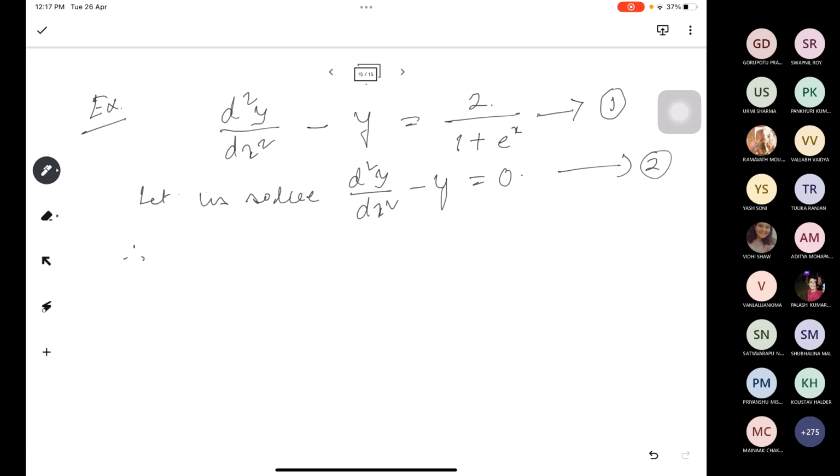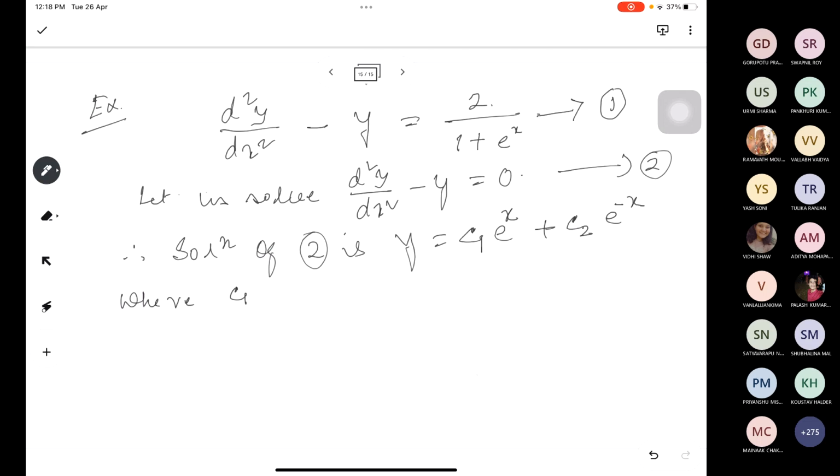So therefore, the solution of equation 2 is C1 e to the power of x plus C2 e to the power of minus x, where C1 and C2 are arbitrary constants.